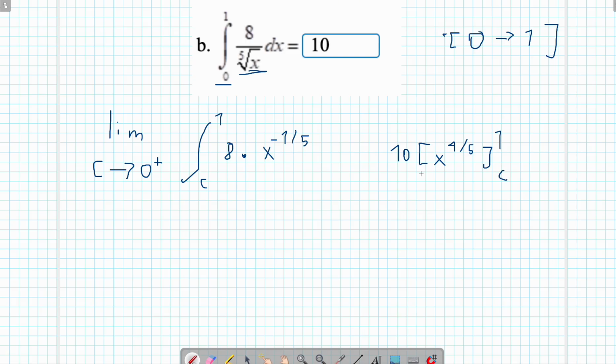Now let's substitute x, so 10 times 1 minus c, and c is basically 0 plus, very close to 0, so 0 to the power of 4 over 5 is just going to be 0. So 10 times 1 minus 0 is simply 10.